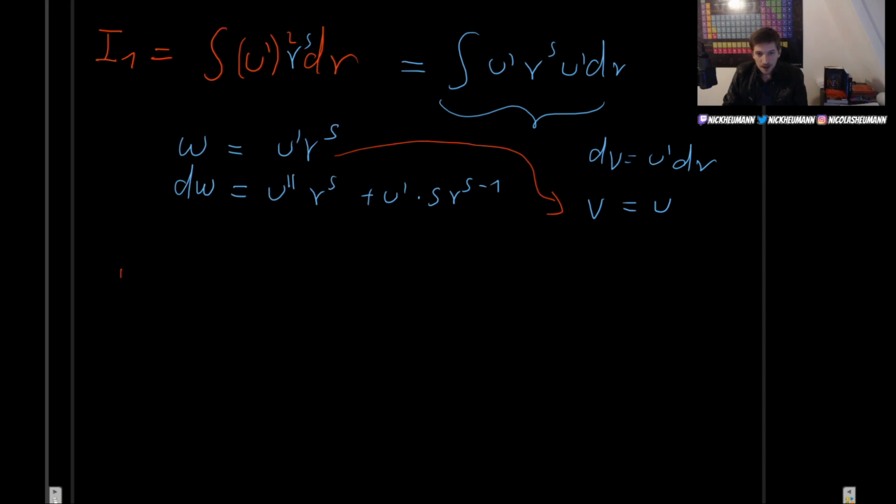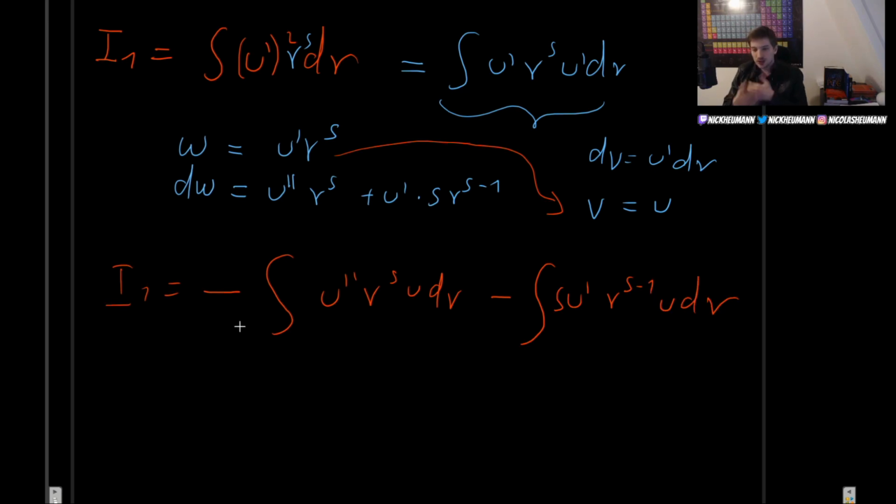So we get that I1 would be minus the integral of U double prime R to the S U dr, minus the integral of U prime S R to the S minus 1 U dr. And we could continue going, but the thing is that we are going to get to a recursive relation that is not really going to be useful. So if we go down this path, we're not really going to get to where we want to go, right?